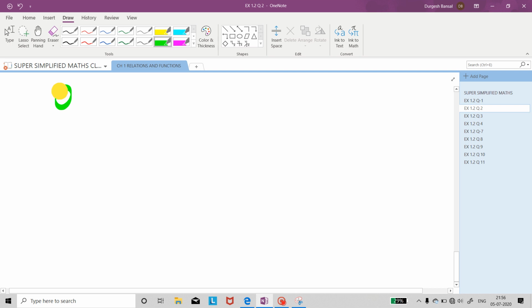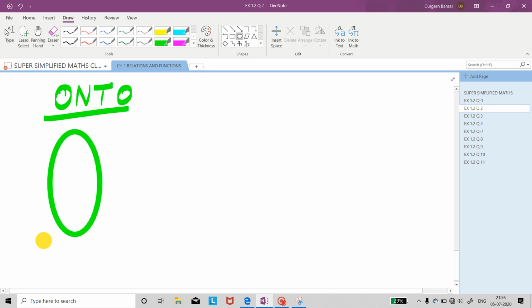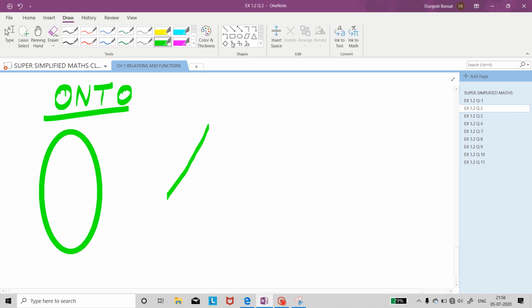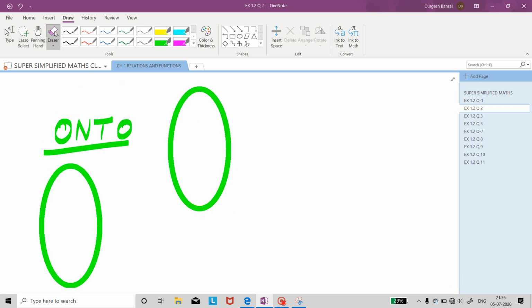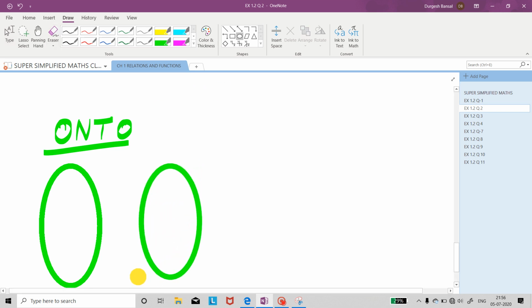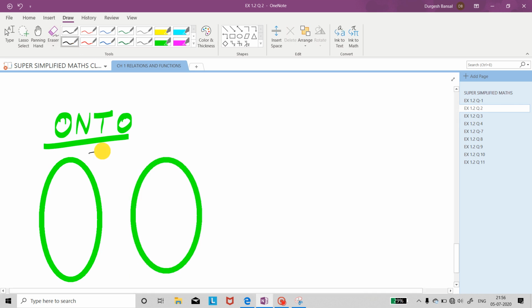So for onto, what shall we do? Let us again take the two ovals. Both of them are representing the set of integers, and we already know the function is squaring any integer.